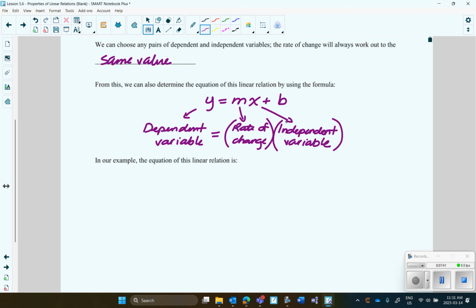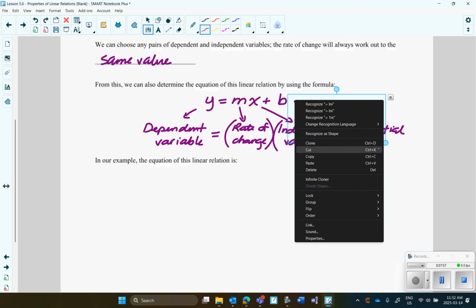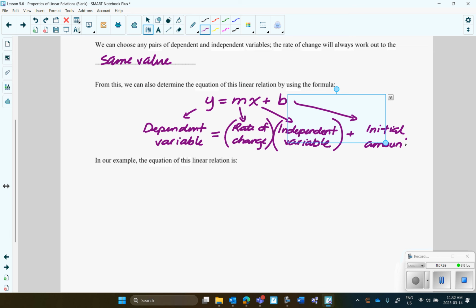And instead of b, we're just going to call it plus the initial amount, or in other words, the amount when the independent variable is 0.